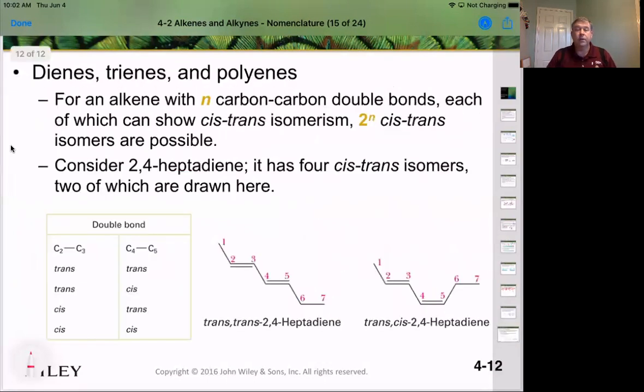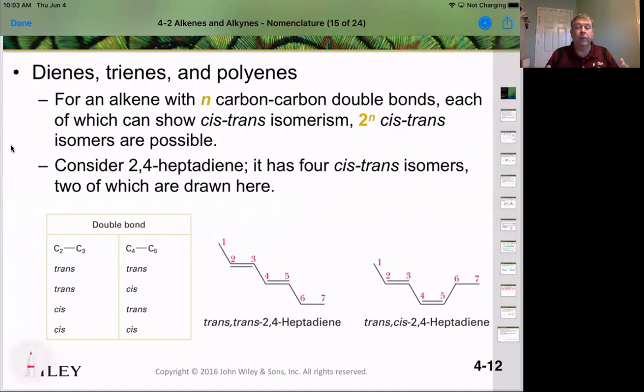Okay, so now what if you have more than one alkene or alkyne in a chain? Well, that means we also have to identify the cis-trans isomerization of those individually if they only have 2 substituents. And we have to go E/Z if there are more than 2 substituents on each of the double bonds, okay?